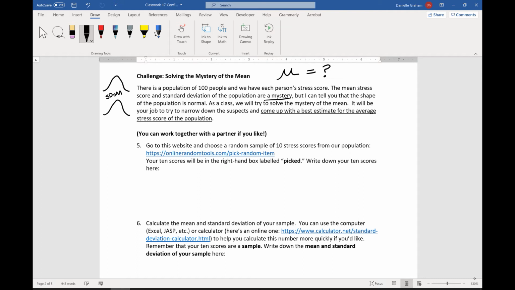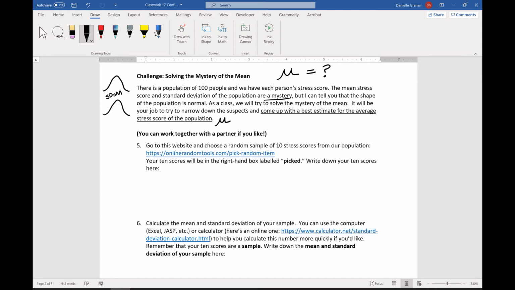That's the mystery. So it's your job to try to narrow down the suspects and come up with the best estimate you can for what that average stress score of the population is. And again, you can work together with a partner if you like on this.